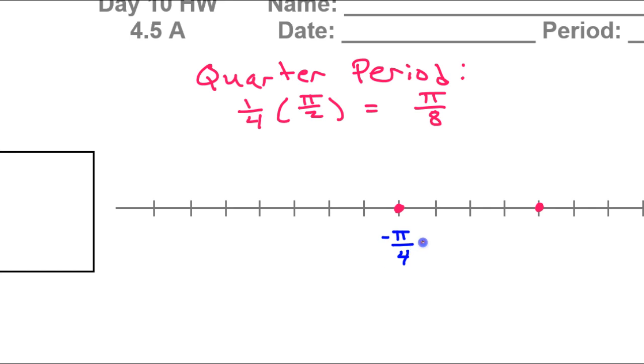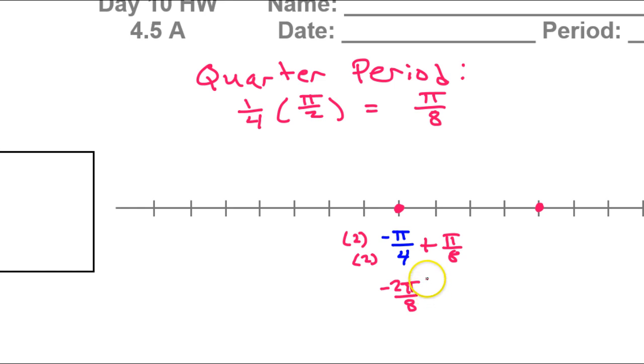Okay, but if I want to do negative pi over 4 plus pi over 8, don't you want to have like denominators to do that? So wouldn't I multiply by 2, in the top and the bottom in order to get like denominators? All right, so that's going to make this negative 2 pi over 8.